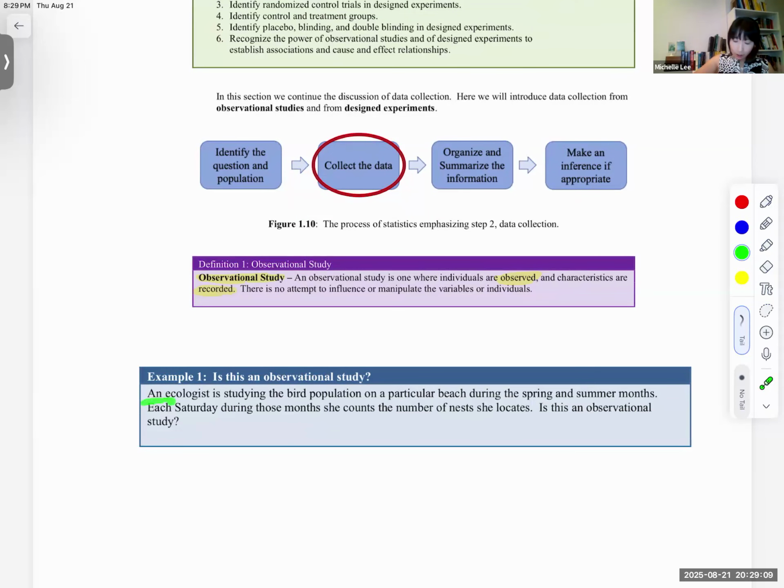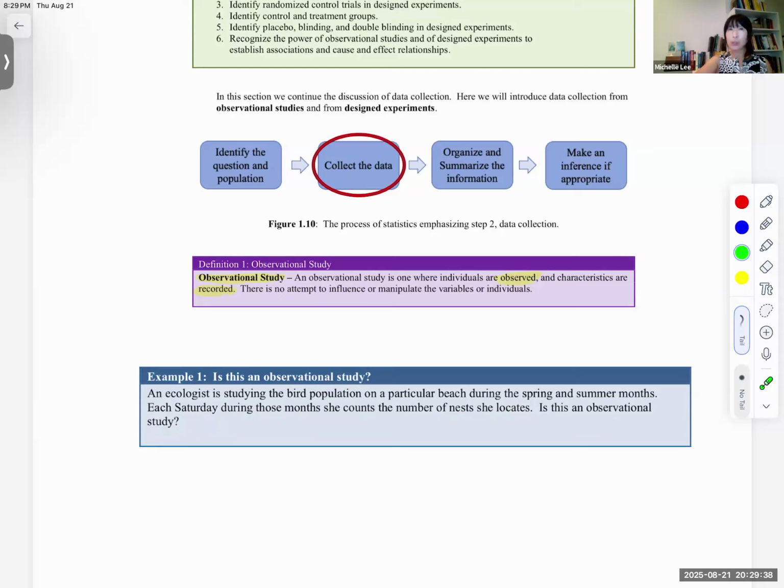Now let's answer this one. An ecologist is studying the bird population on a particular beach during the spring and summer months. Each Saturday during those months, she counts the number of nests she locates. Is this an observational study? What do you think?